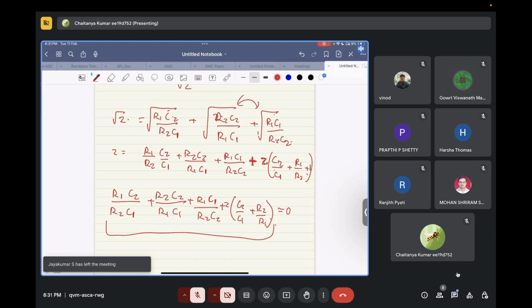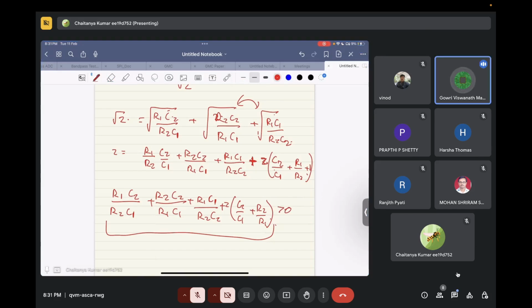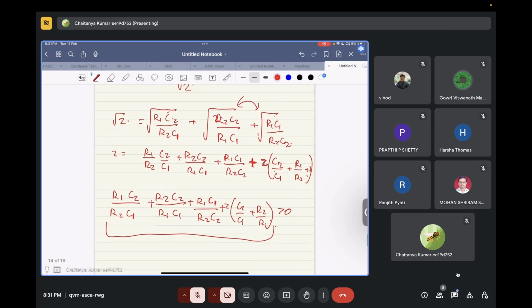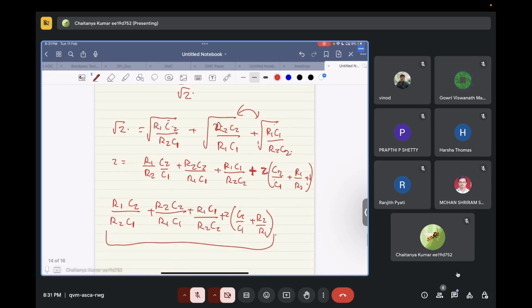This term will always be greater than zero, right? Obviously. So if this is greater than zero, what is this equal to? 1 by Q square, right? So this plus 2 is equal to 1 by Q square, correct?